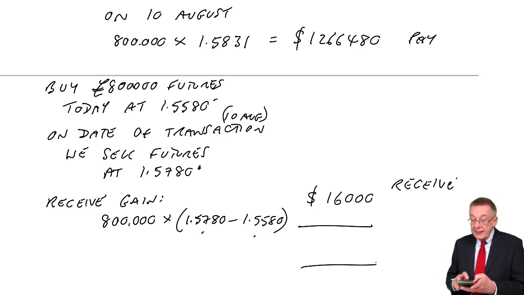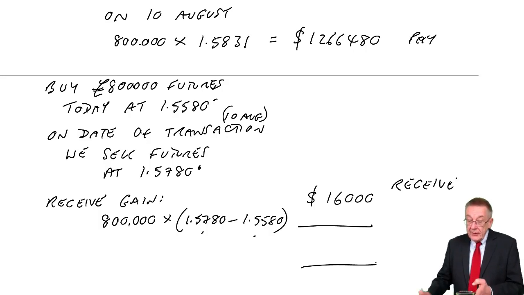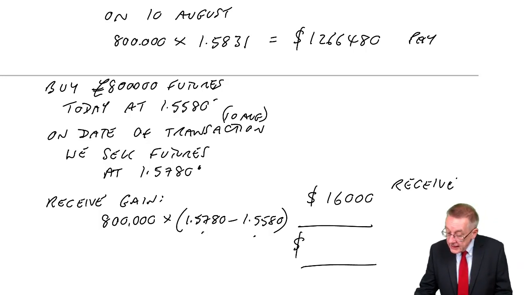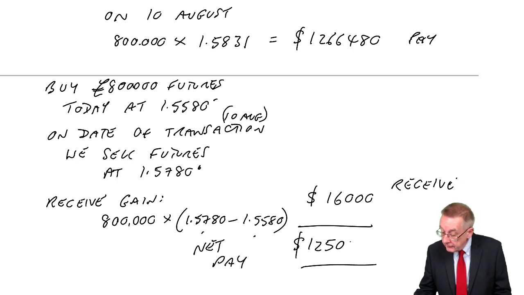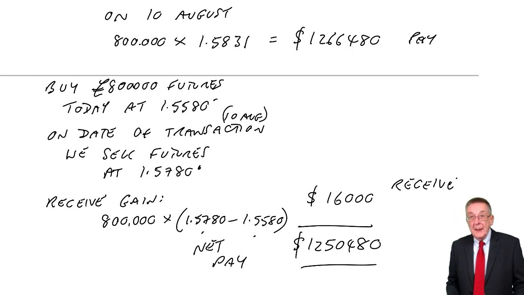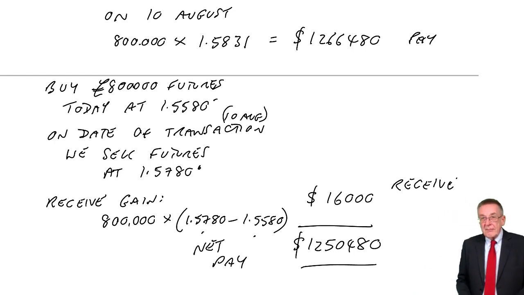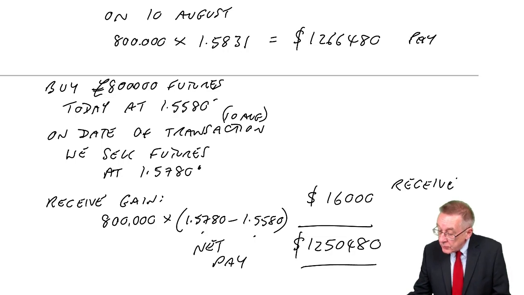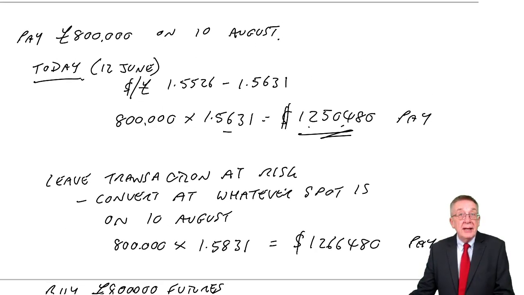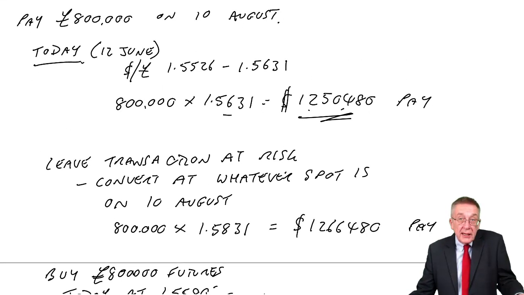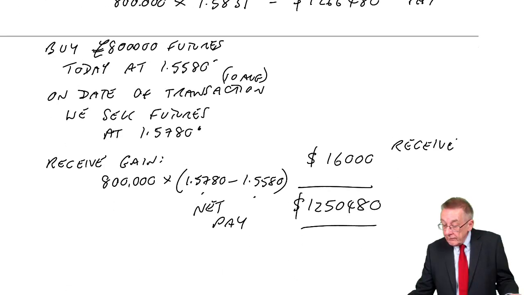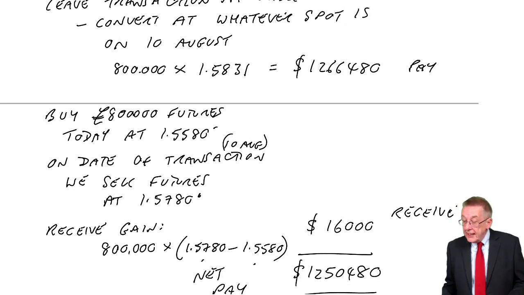We receive 16,000. The net cost, net payment, 1,250,480, which of course is what we'd have had to pay if we'd converted now. We're not going to convert now. Conversion takes place on the 10th of August.